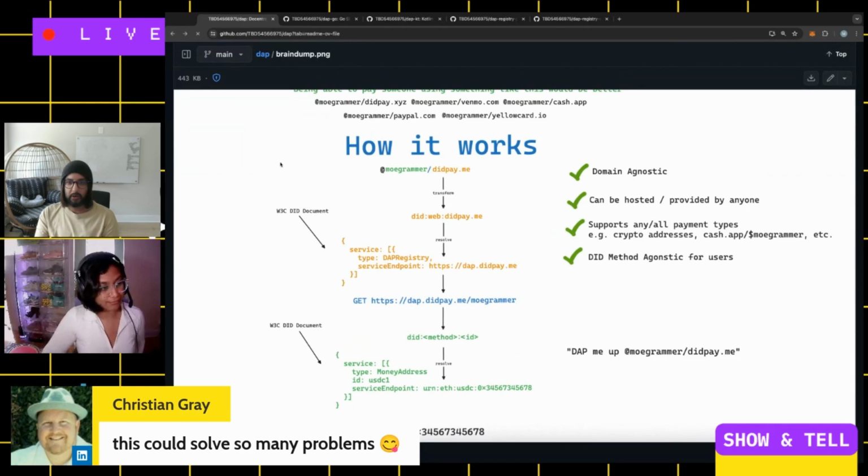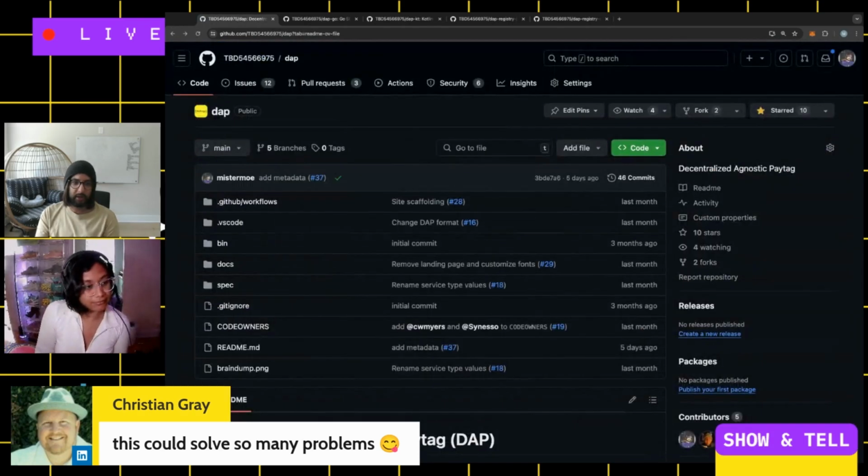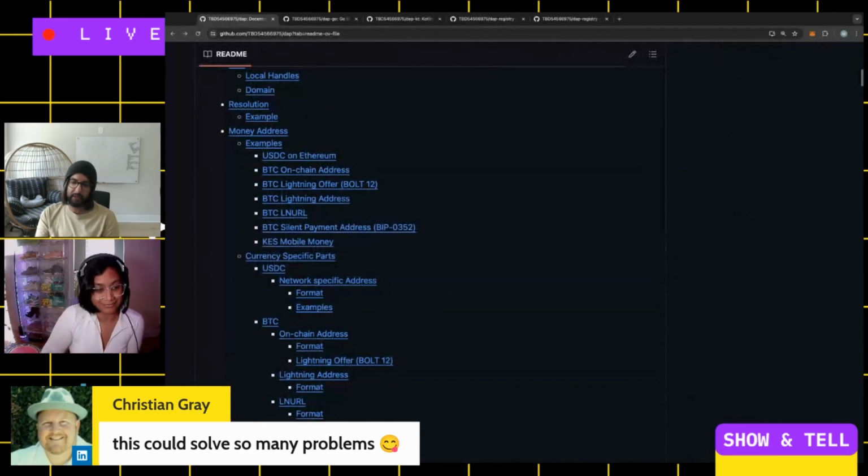Yeah, sure. So that's the hope, Christian. There are many other pay tag solutions out there. They're all typically specific to one currency. The goal of DAPs is not really to compete with those other pay tag solutions, and it's also not supposed to be yet another standard. DAPs can support any kind of money address.